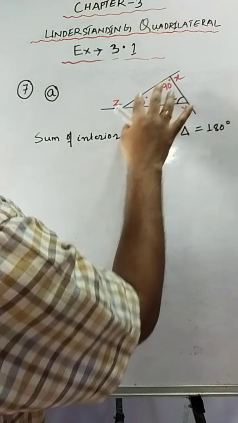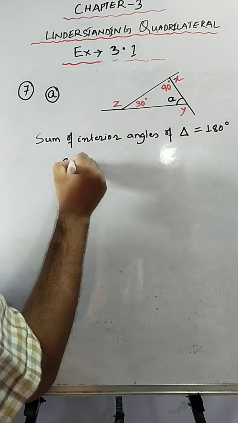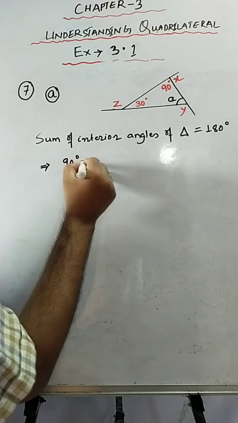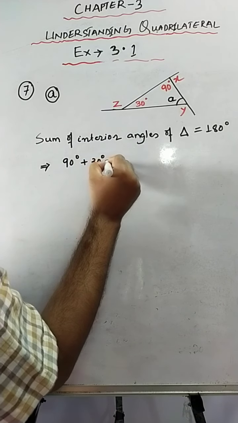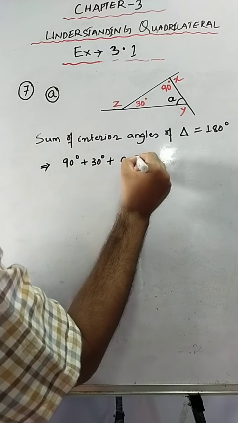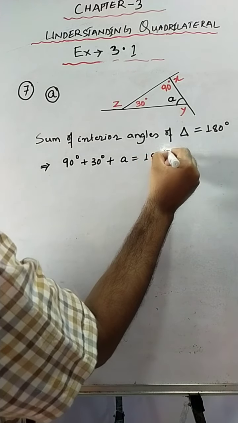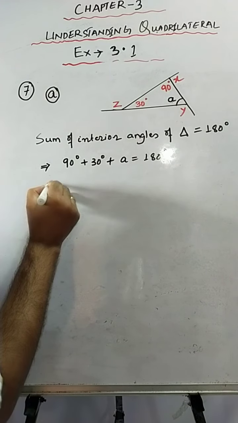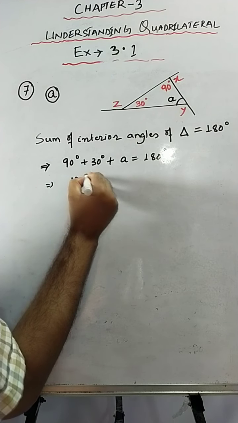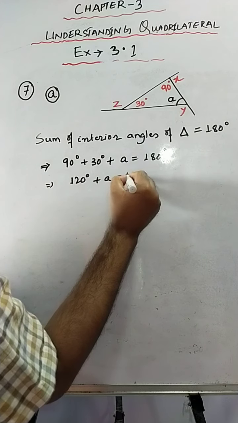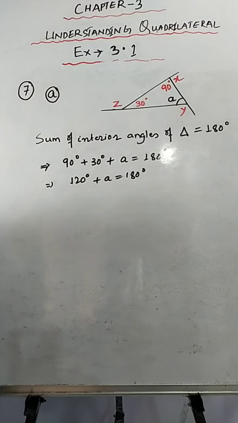Now what are the values given? That is 90 degree plus 30 degree plus A is equal to 180 degree. Now we'll add these two angles. It will be 120 degree plus A is equal to 180 degree.